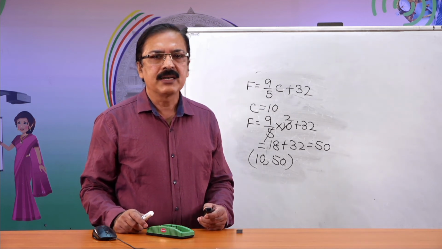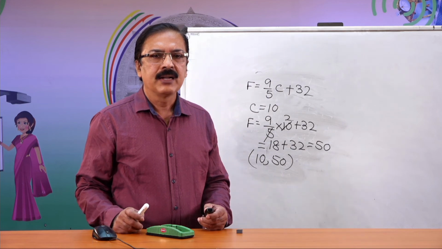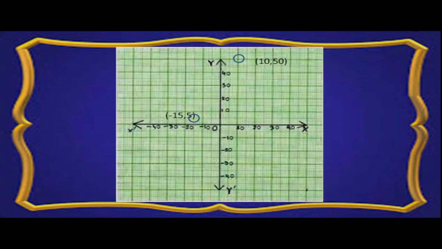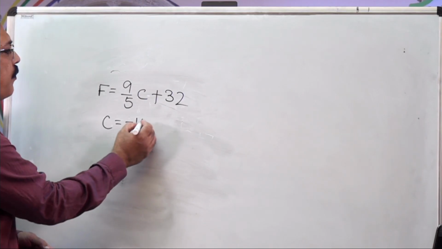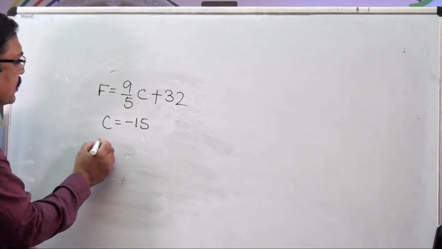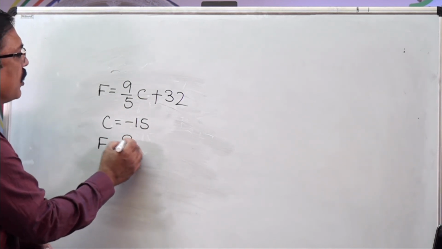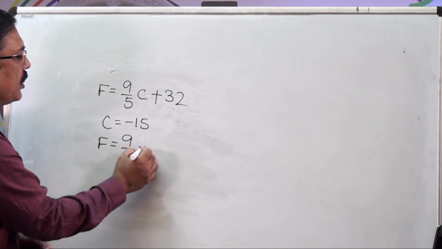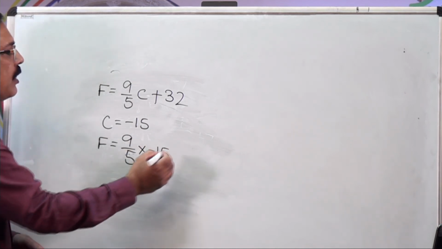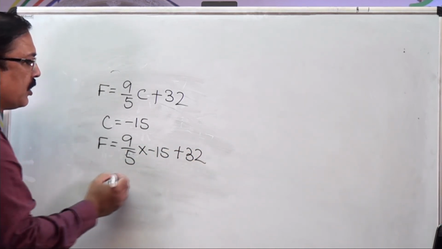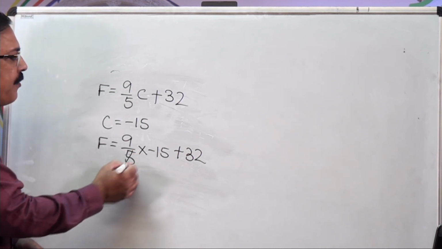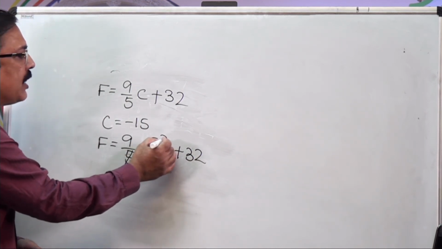Now let's see another point. If we put the value of C as minus 15, then F is equal to 9 by 5 into minus 15 plus 32. That gives 5 and minus 15 cancel, leaving minus 3.